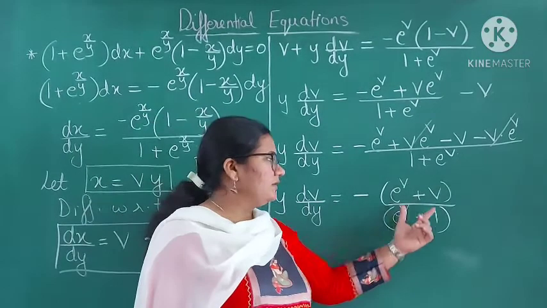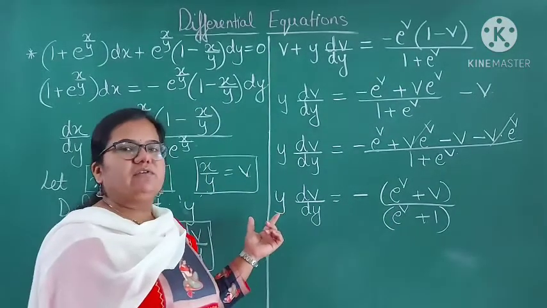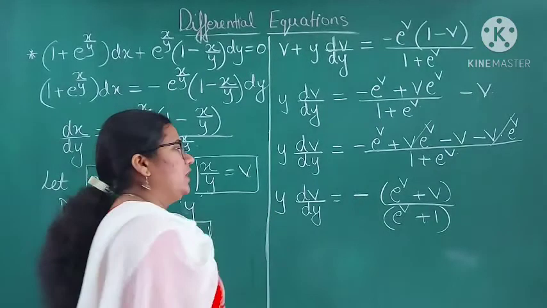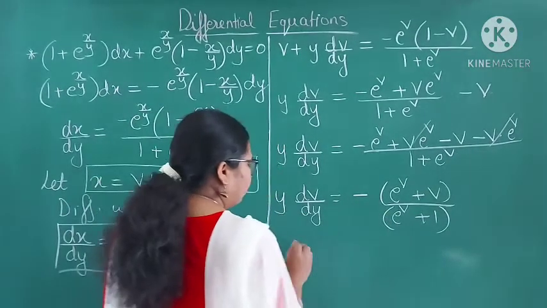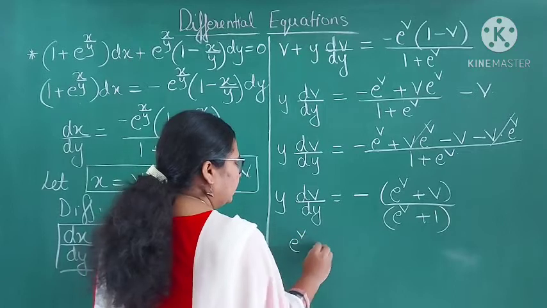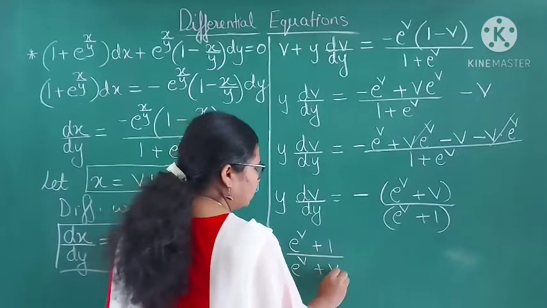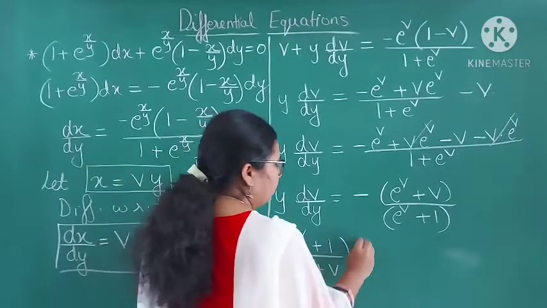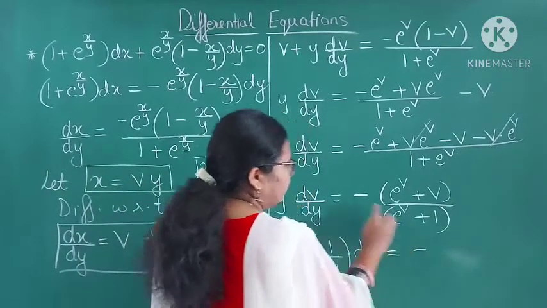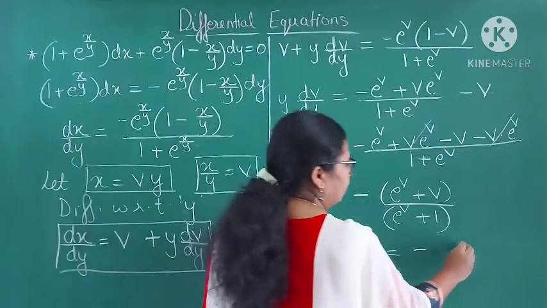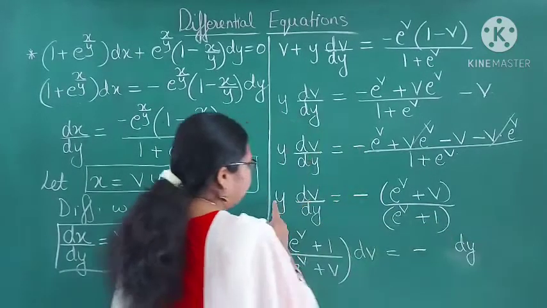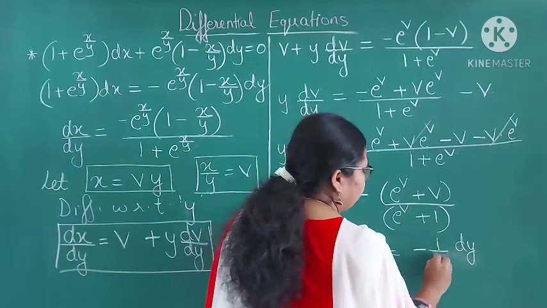That means we have to take the variables of v on the left hand side. So what will this become? This term will go in the numerator: e raised to v plus 1 upon e raised to v plus v into dv. Minus sign as it is, dy will go in the numerator and y will come in the denominator.